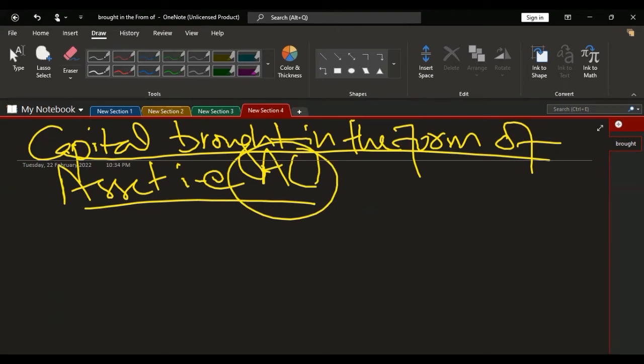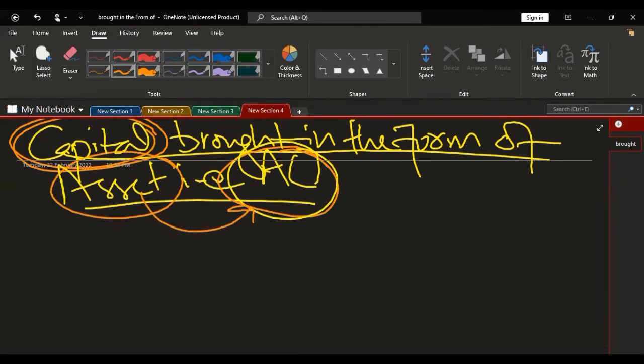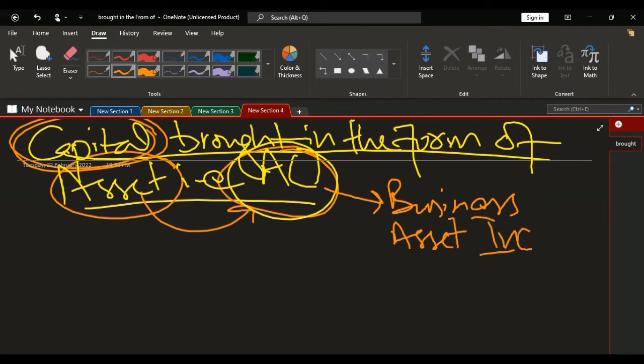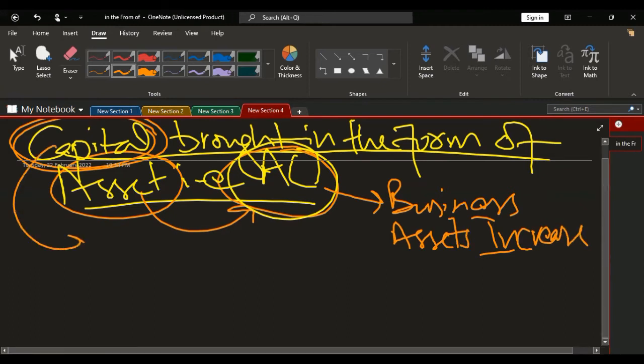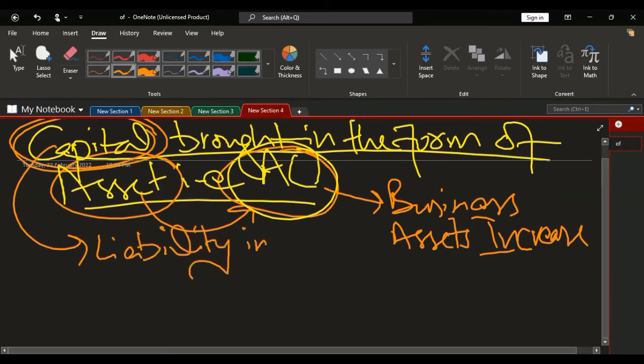The two items mainly affected here are firstly the capital, and secondly our asset, that is here the AC. So the business will say that the business asset increased, and capital, which is the liability of the business, also increased.